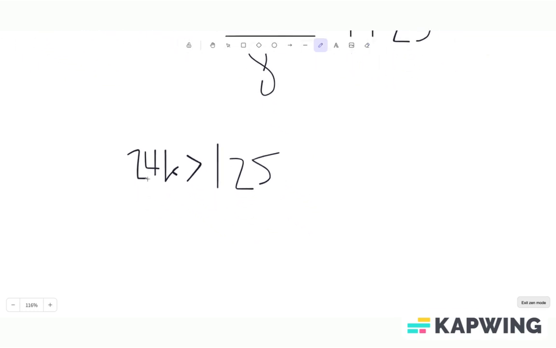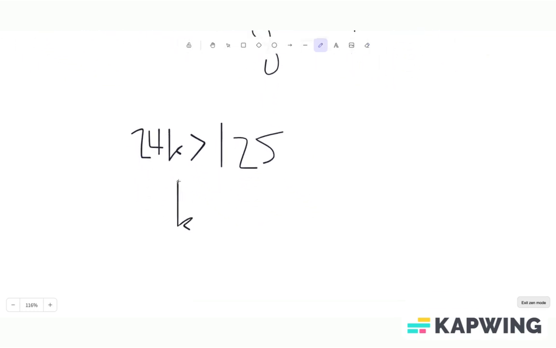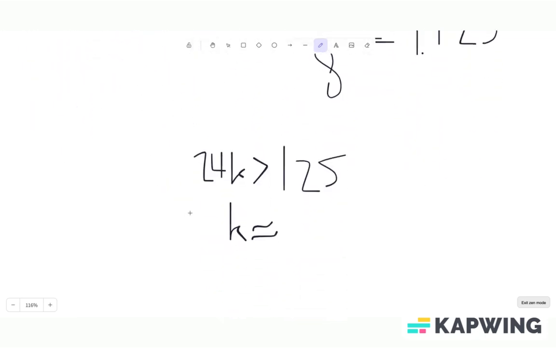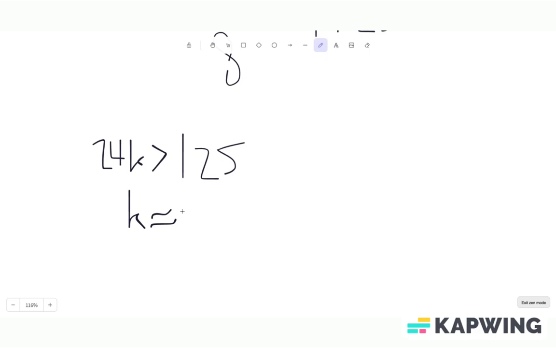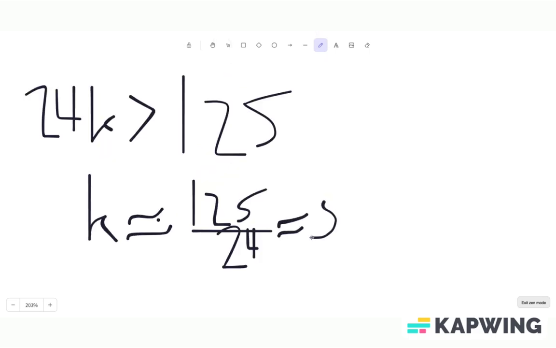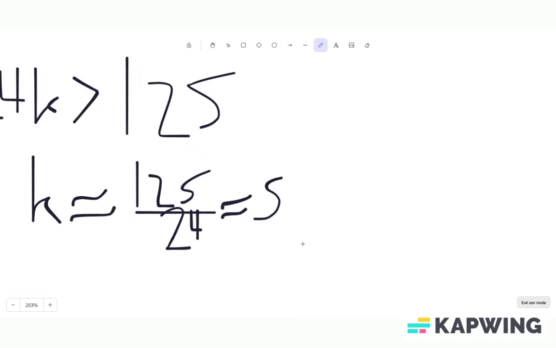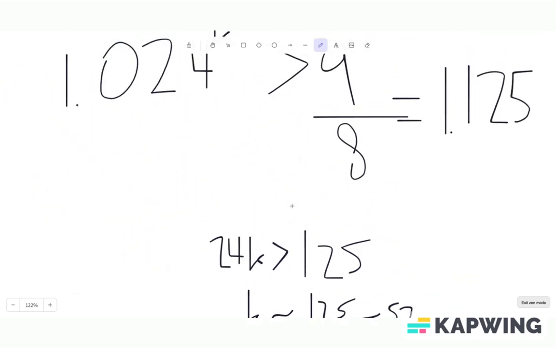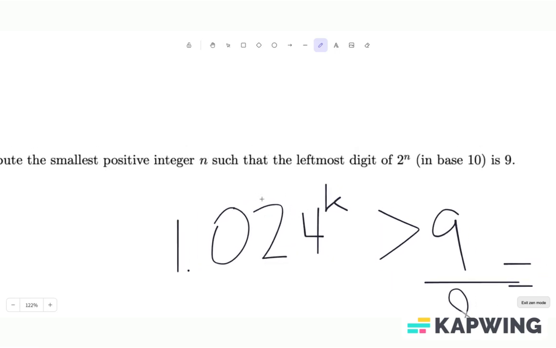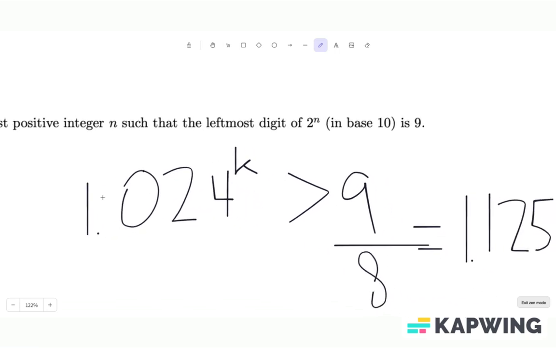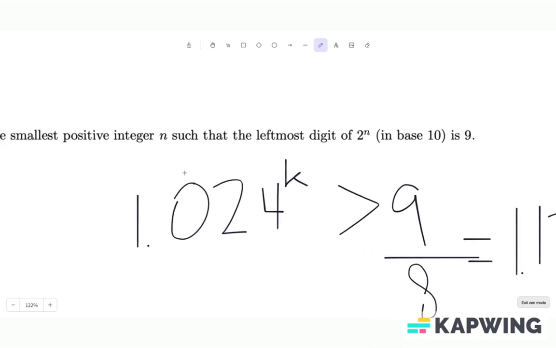Make sure you don't get that decimal wrong. 24k is greater than 125, so obviously k in actuality is going to be approximately 120 and then 5 over 24, which is approximately 5.2. Okay, so k is approximately 5.2.